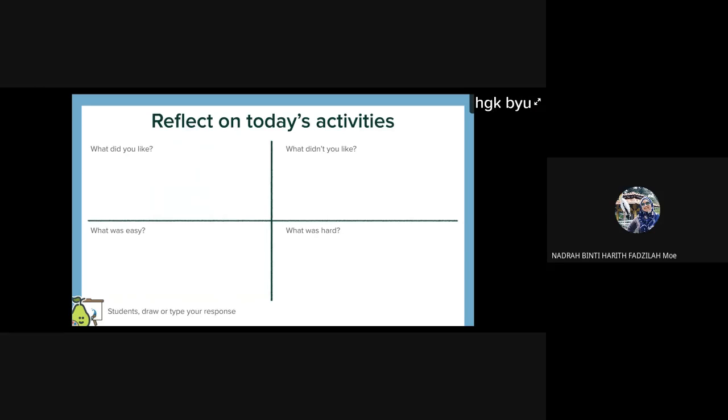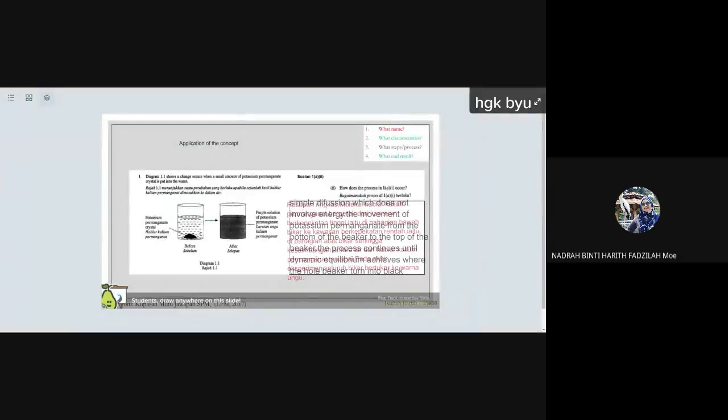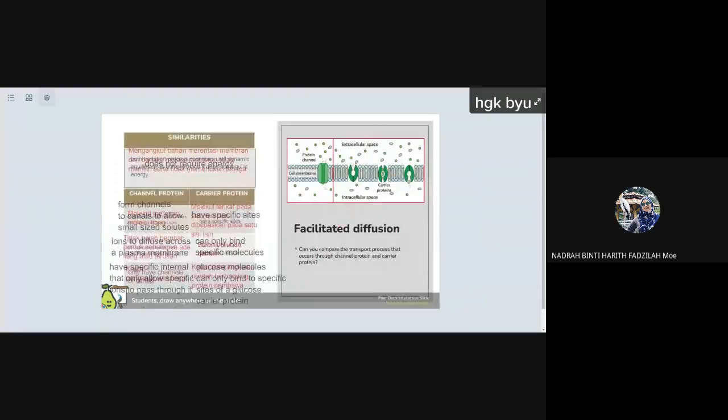We have identified the characteristics of plasma membrane and we have also differentiated. We have compared between active transport and passive transport, and we have also explained how simple diffusion occurs, and we have also compared between the two facilitated diffusion, which is the carrier protein and channel protein transport.